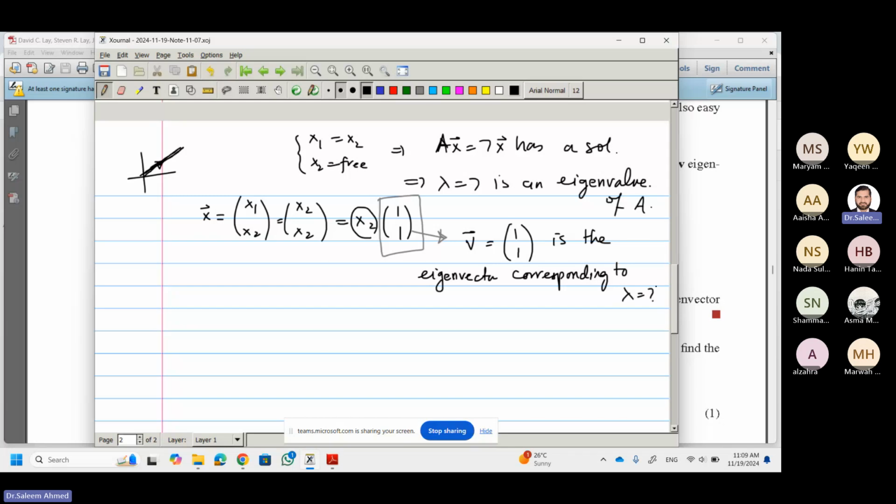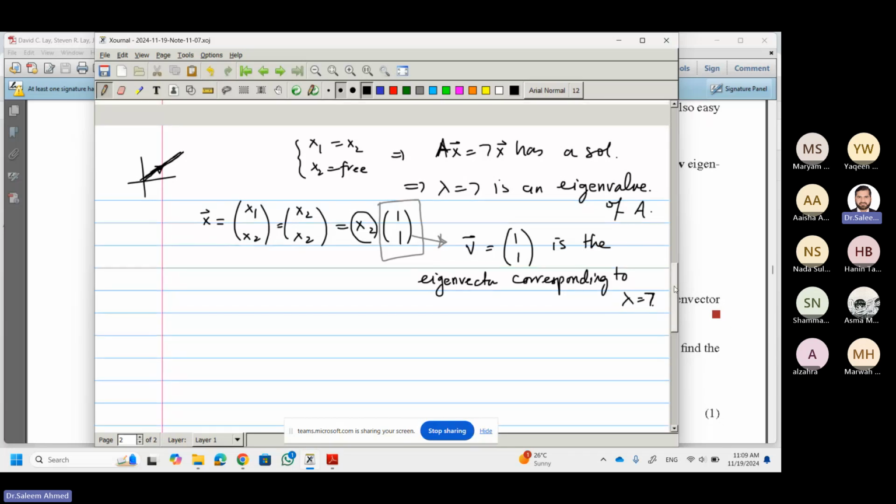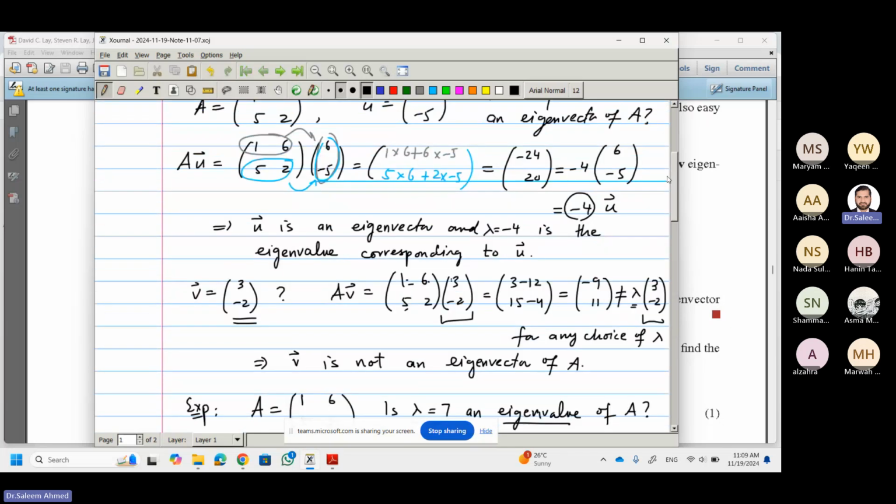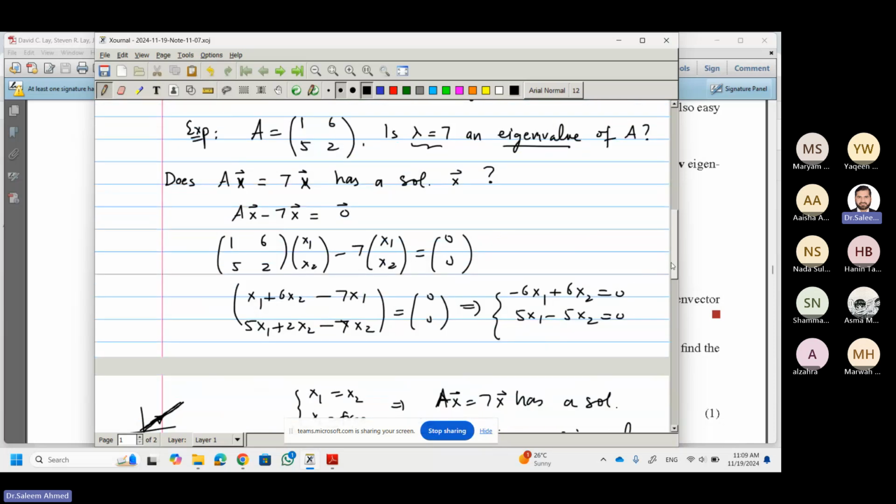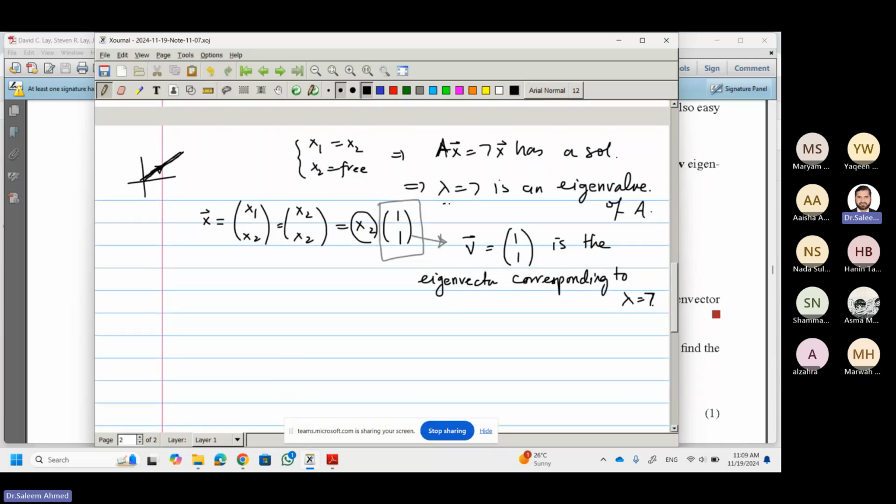So you see, when a vector was given and I proved that u is an eigenvector, I wrote the corresponding eigenvalue. This is easy. But when I proved that lambda equal to 7 is an eigenvalue, I wrote a corresponding eigenvector as well. So of course, whenever you have an eigenvalue, you get a vector. Whenever you have a vector, you get a value.